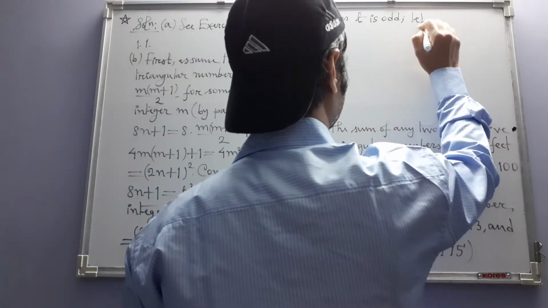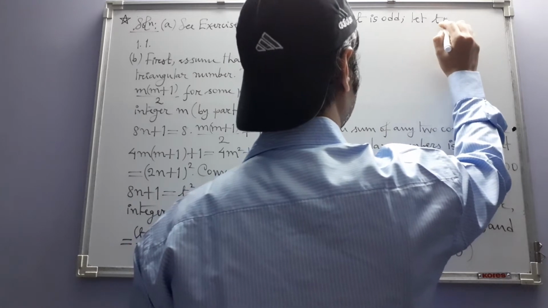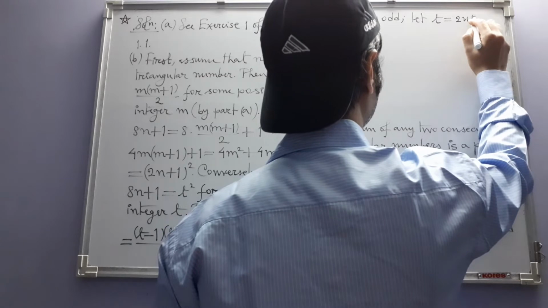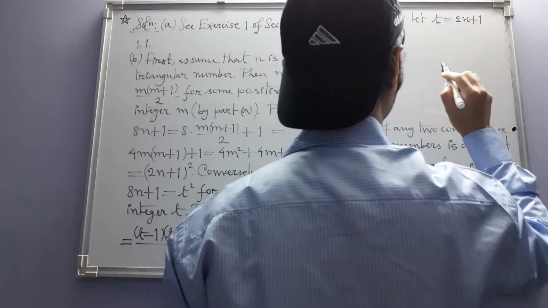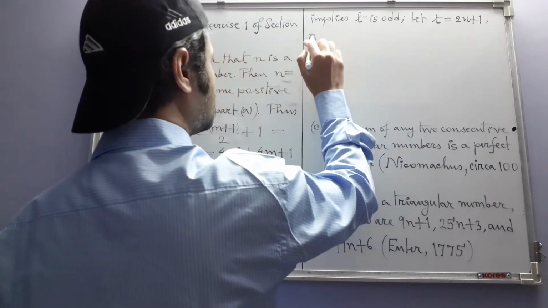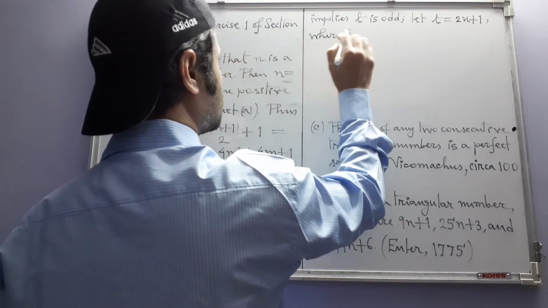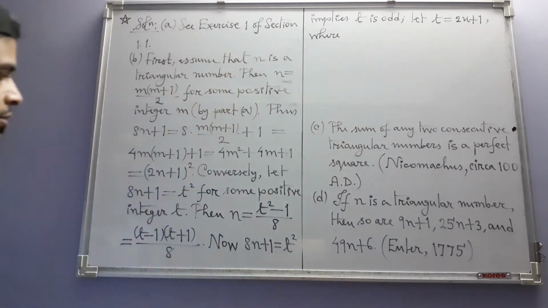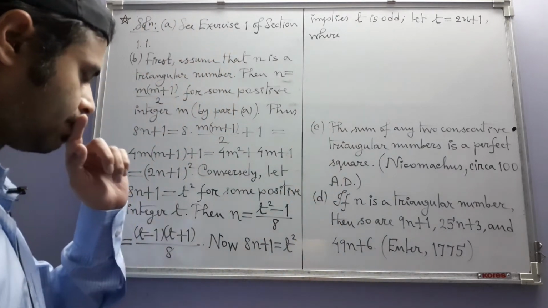Let t equal to, so because t is odd, t will be of this form 2u plus 1, where u, okay, fine.